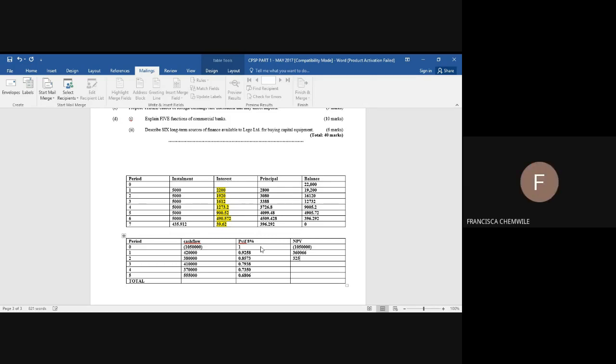That is 325,774. Now we move on to year 3. 410,000 times 0.7938.